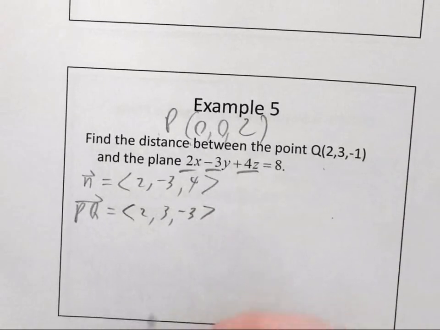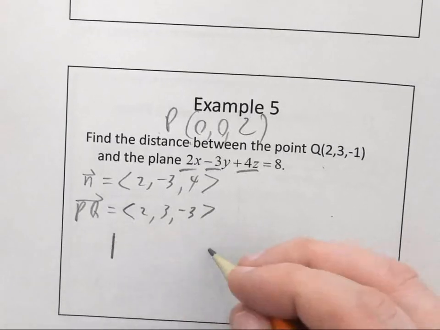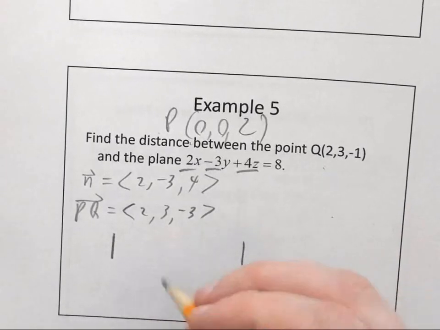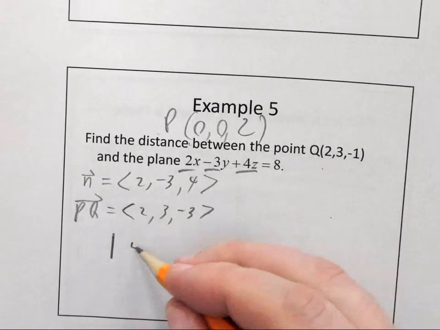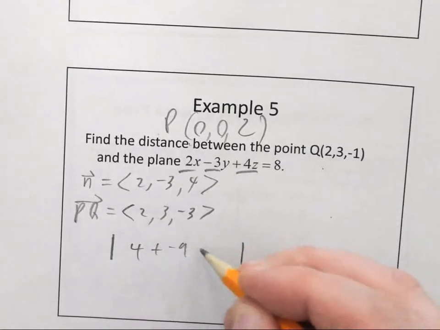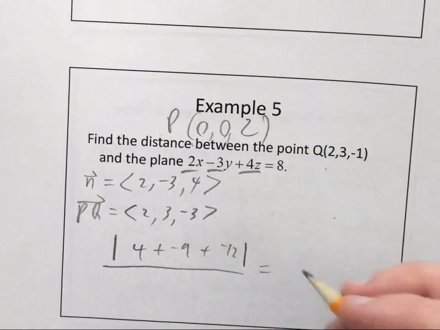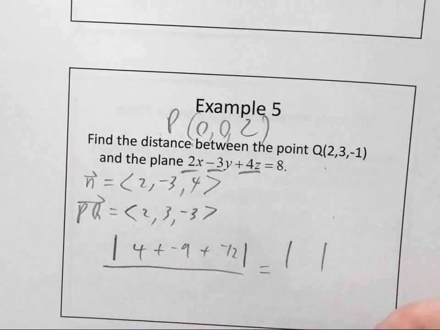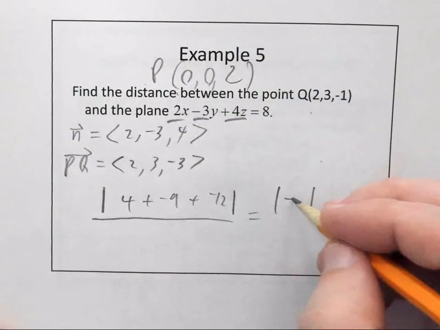Then I'm going to do that projection. So I'm going to take the dot product of those 2 vectors, which is going to give me what? What plus what plus what? Okay. So that gives me negative 17.